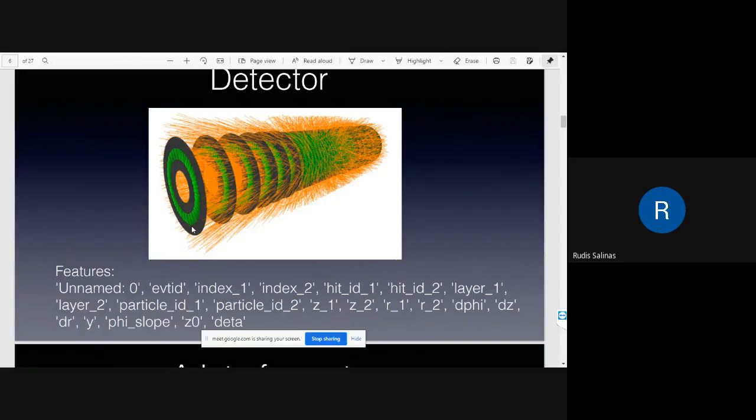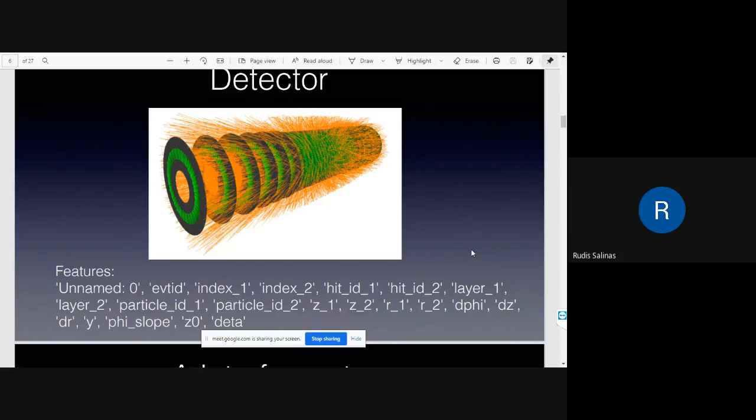And then we can reconstruct all the trajectory that the charged particle left. And in the data and the features, we also have the momentum.